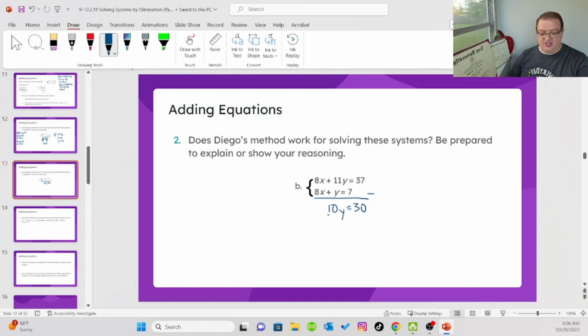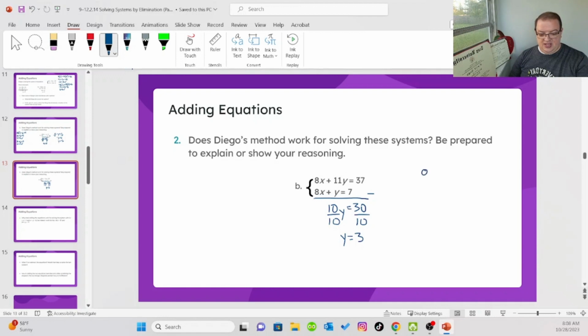The opposite of 10y is division. And if I divide the left by 10, I must divide the right by 10. So y equals 3.